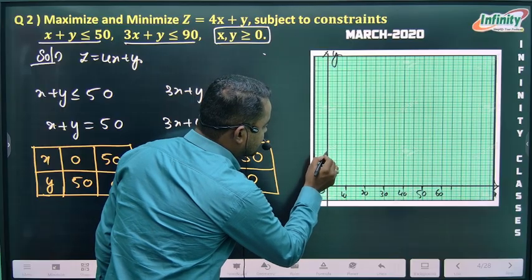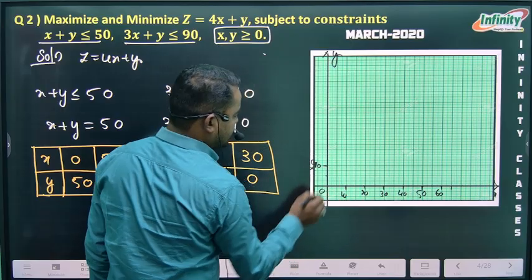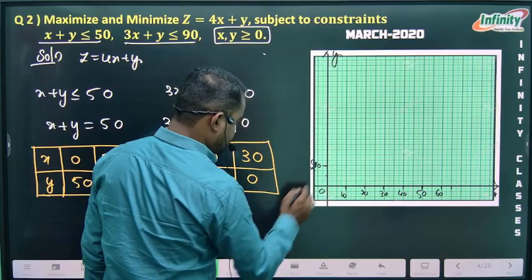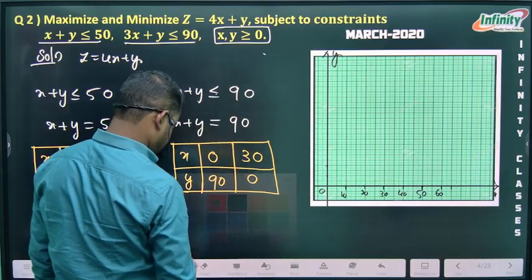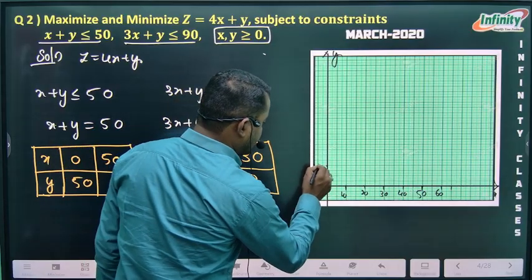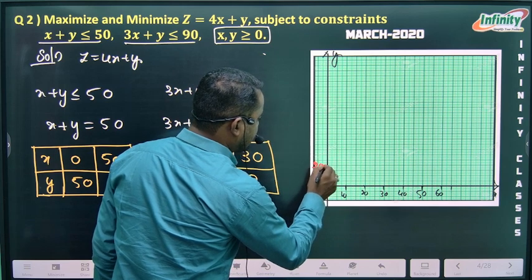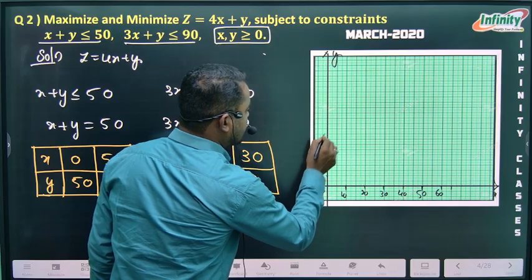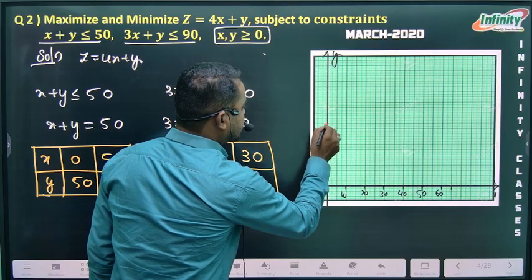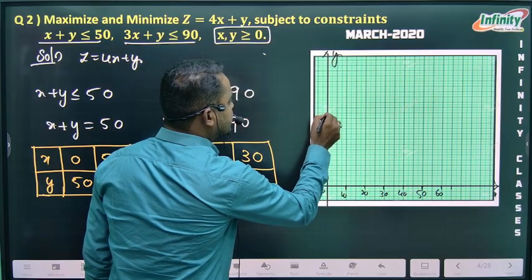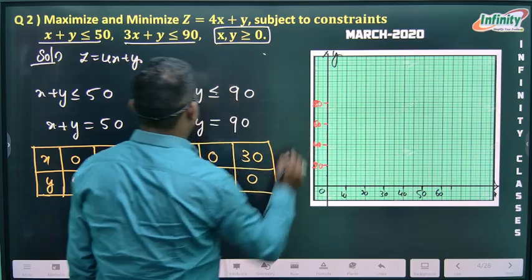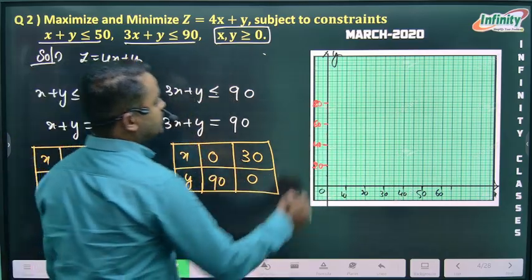Now this is 20. Take 20. Then this one is what? 40. Then 60. 80. Then this is what? 100.